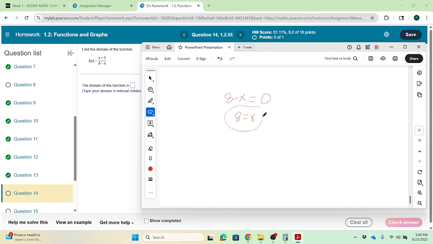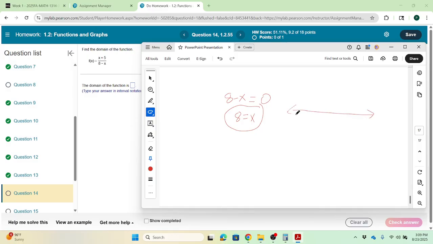So you can see that when x is 8, the bottom part would be 0. 0 on the denominator is undefined because division by 0 is not allowed. Okay, so in this case, we can say the domain is all real numbers except 8.